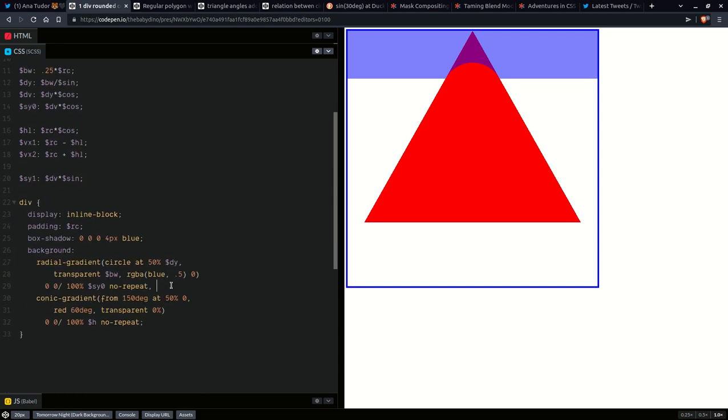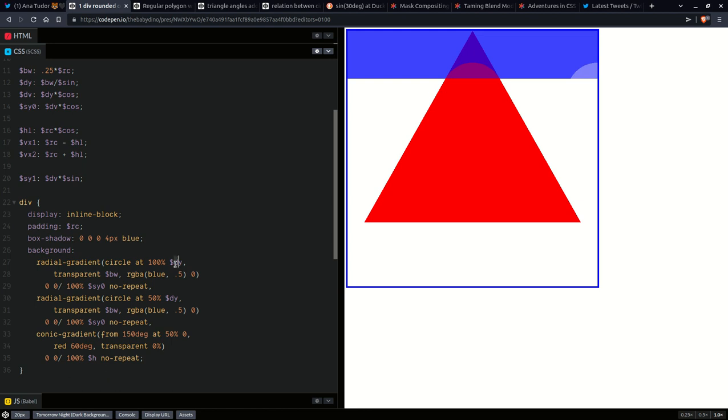So now let's take this, and this circle is going to be at 100%. This is going to be the size minus the border width, which is the radius. And this one is going to be positioned at the vertex, and the height minus the size.